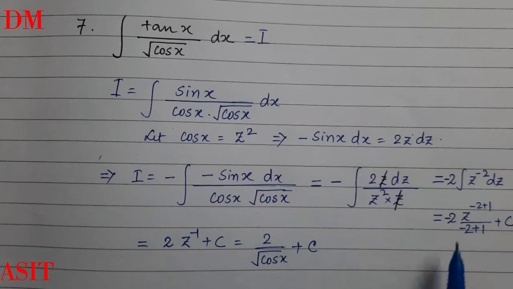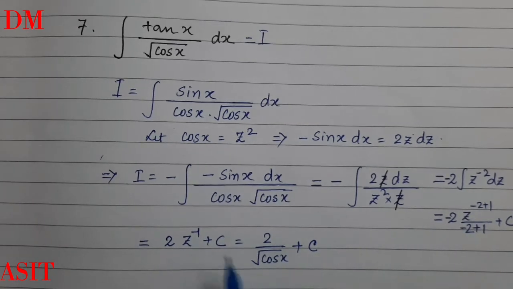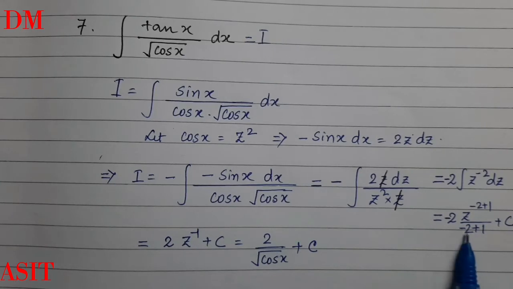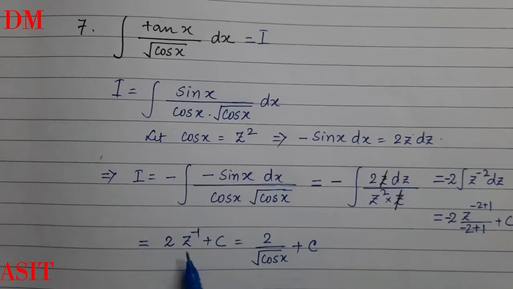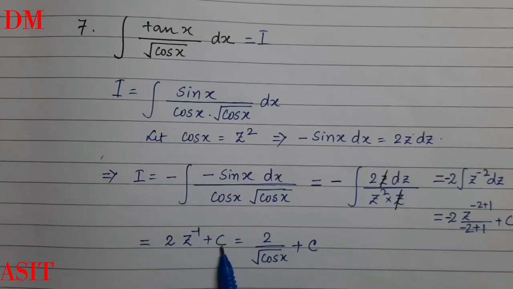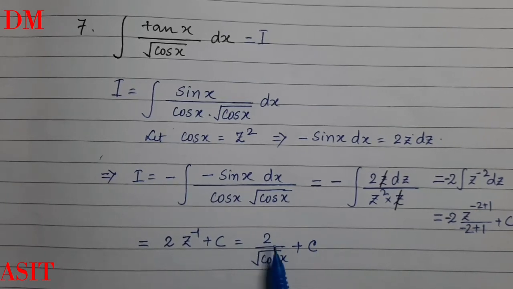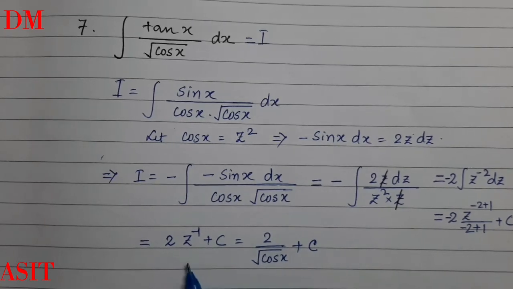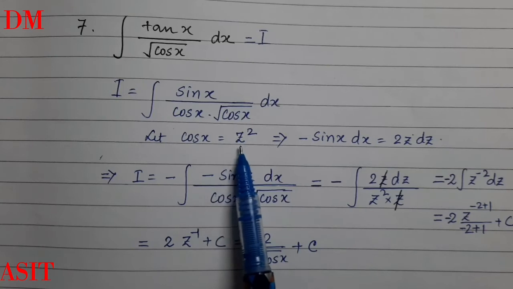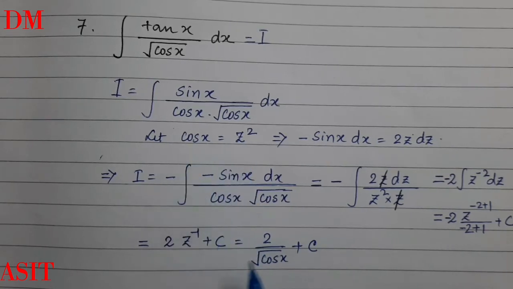Now z to the power minus 2 plus 1 will become z to the power minus 1, and there also minus 1, so this minus and that minus will become positive, so it will be 2z inverse plus c. Now 2z inverse means 2 by root over cos x, since z inverse means 1 by z, which means 1 by root cos x. So 2 by root cos x plus c.